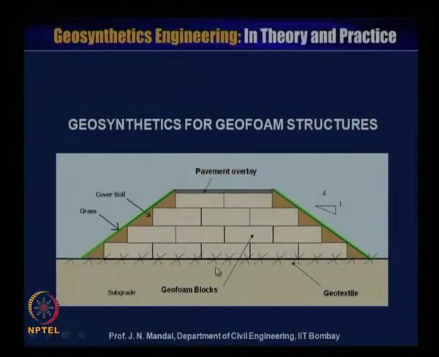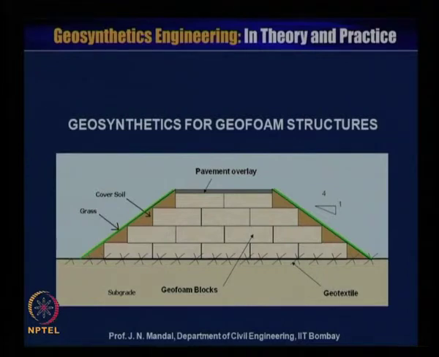So this is what is called the geofoam block, and you can construct the embankment on the soft soil. This is an alternative to the filling material, and on top of the geofoam you provide the pavement overlay, and in the side slope you can fill up with covering soil and then grass can grow.